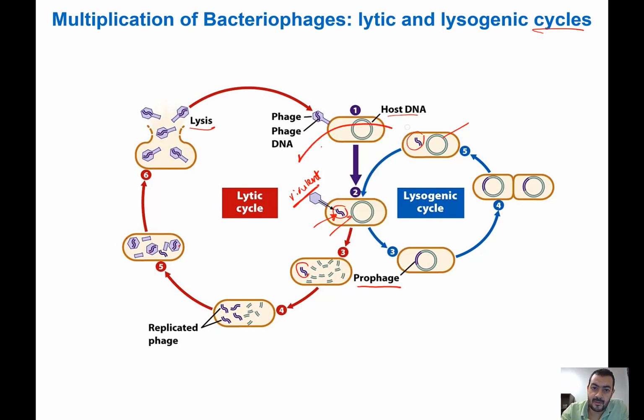So there is a possibility that a temperate virus which started with the lysogenic cycle can also cause the lytic cycle to start. That's why the two cycles are represented connected like that, because there is a possibility of moving from the lysogenic into the lytic cycle.